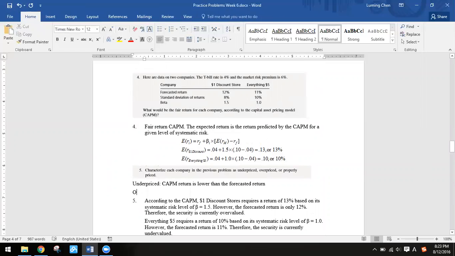And if it's overpriced, the CAPM return is higher than the forecasted return.